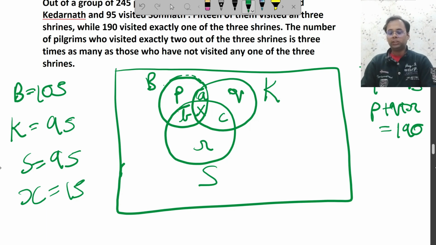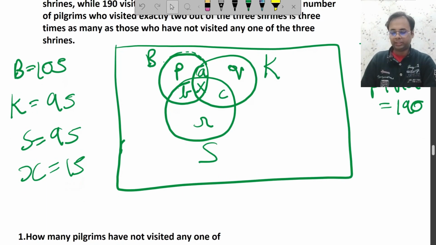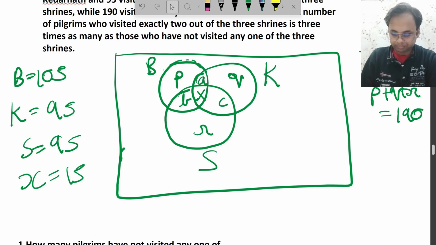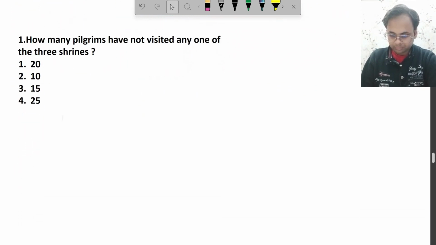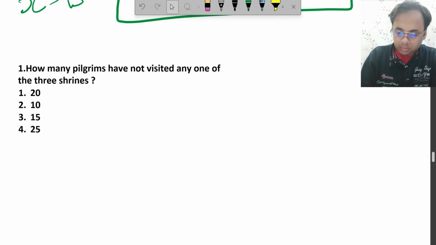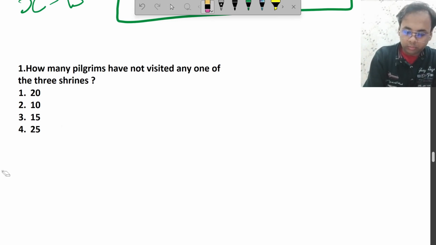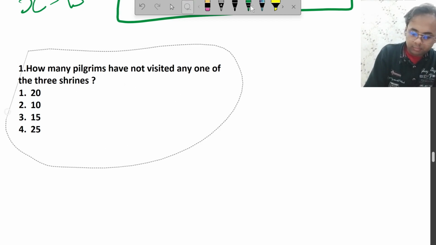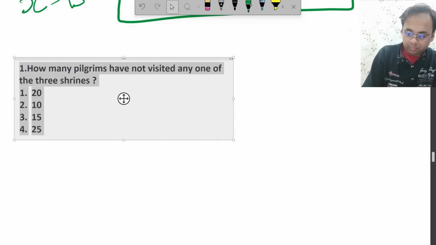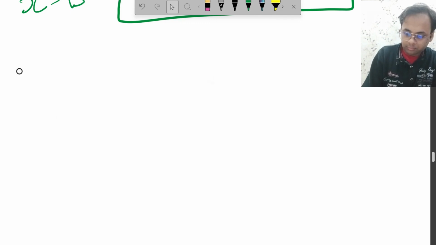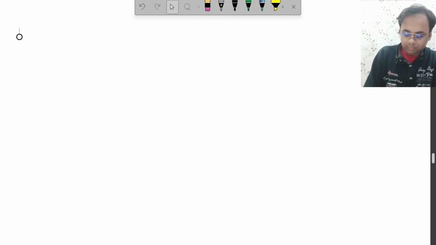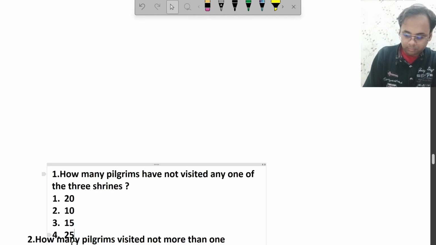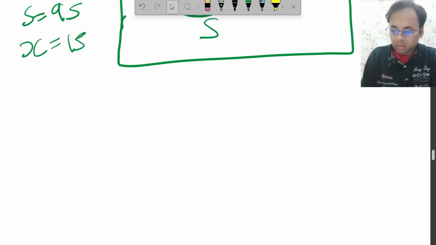The number of pilgrims who visited exactly 2 out of the 3 shrines, which means that it is like, let me just place this sub question before going forward because more space is required.